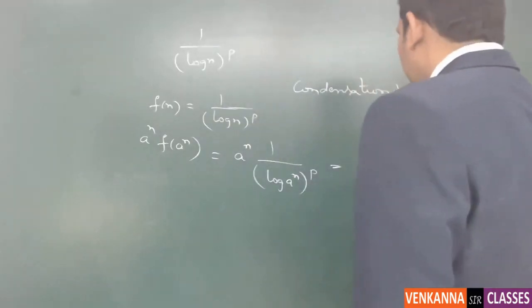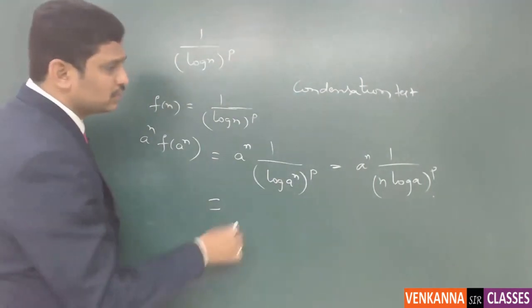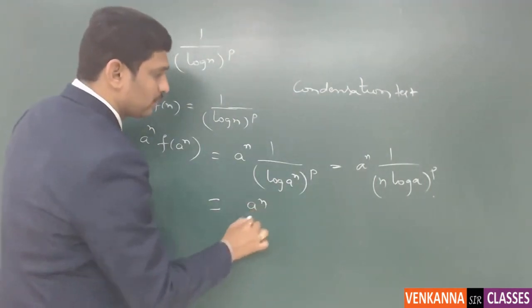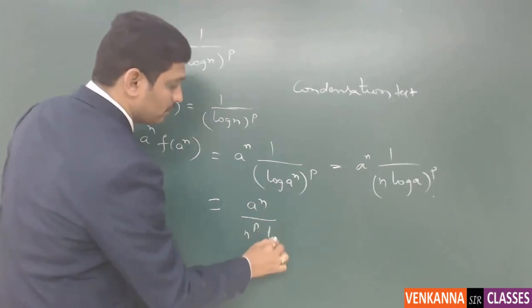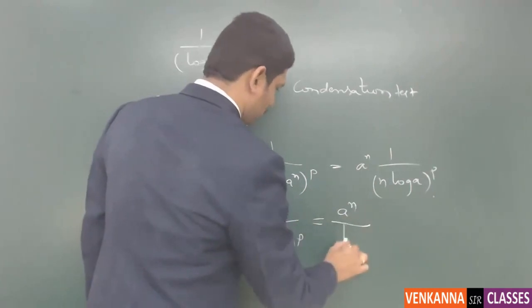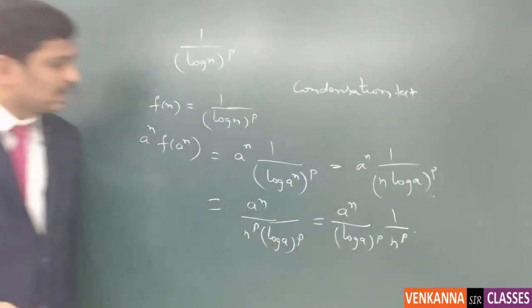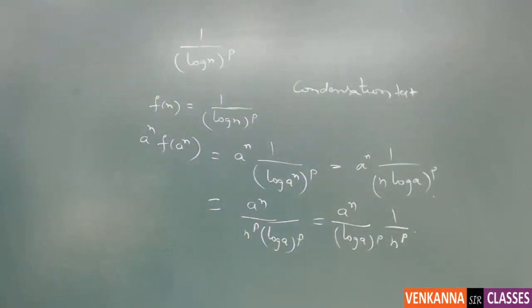This equals a power n into 1 by n log a whole power p, equals to. Can you write like that, the value? So if you are able to decide, what can we say about that series?